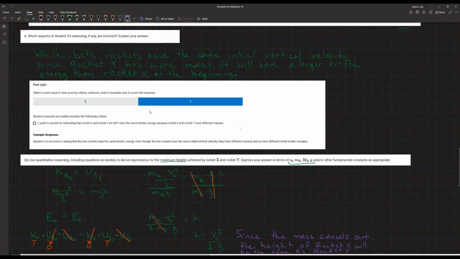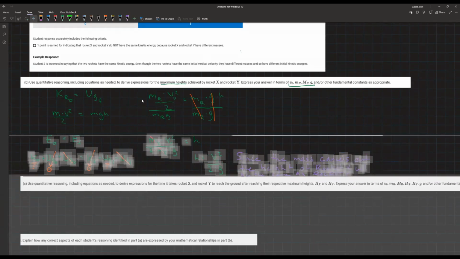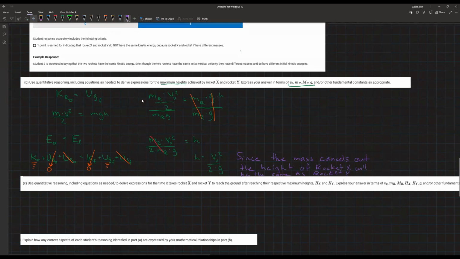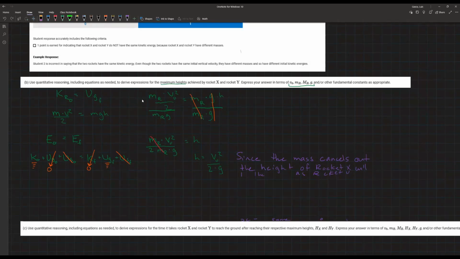Let me go ahead and make some space here. Other questions so far? This will be the same as rocket Y. Okay, so this is the energy approach.